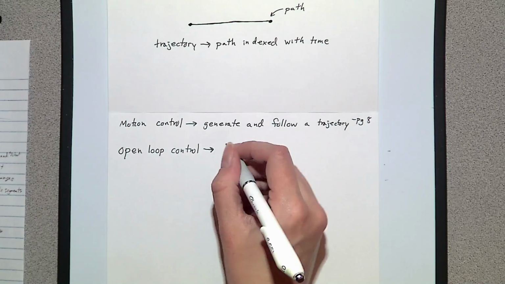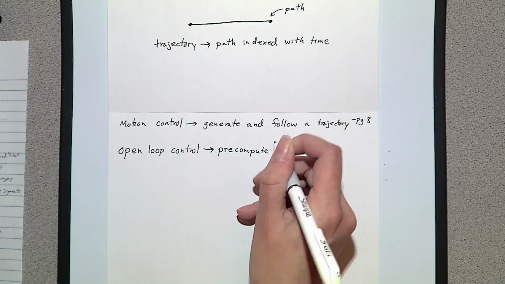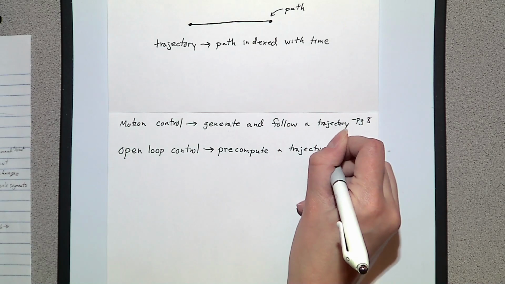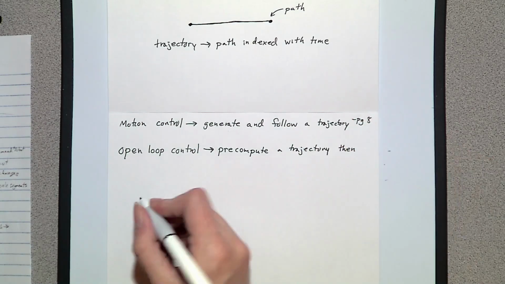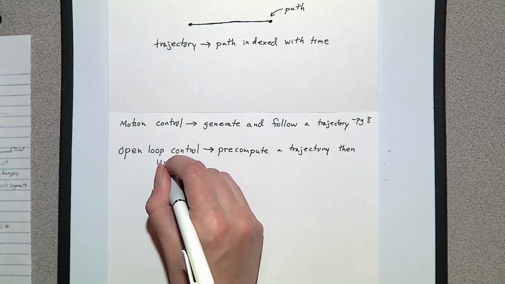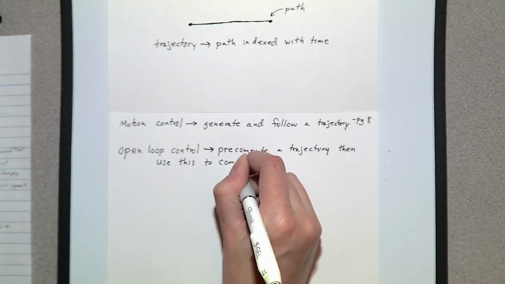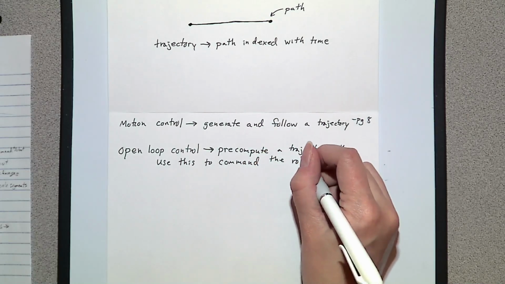In open loop, what we do is we pre-compute a trajectory. Then we use this to command the robot.